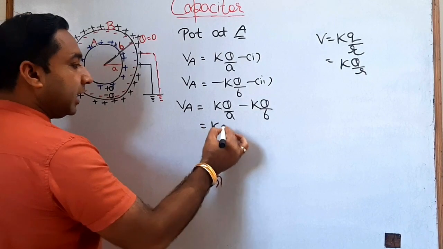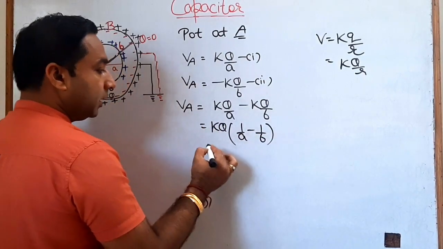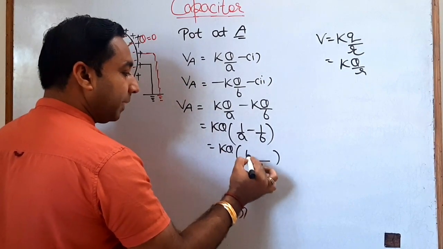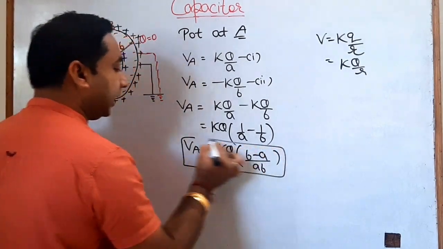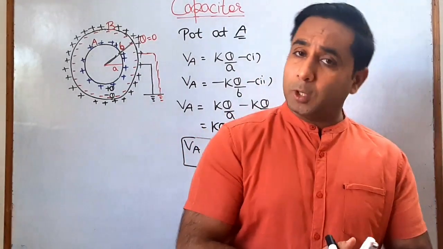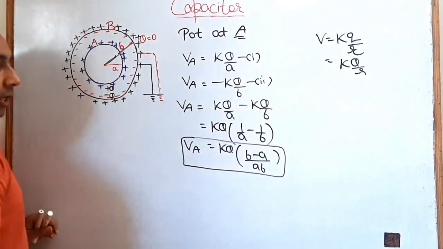If I take kq as common, is it 1 by A minus 1 by B? Is it kq (B minus A) upon AB? So I got the answer of potential at A. Once again, on A there are potentials of two charges: the potential due to the positive charge and the potential due to the negative charge. So this is the potential at A.